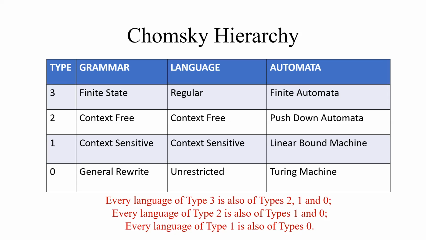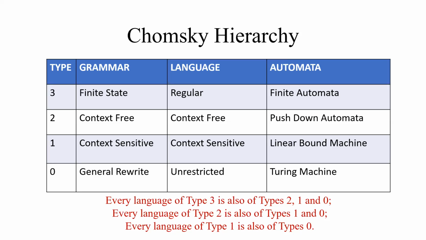Now, if I go through these 4 types, type 0, type 1, type 2, and type 3, I can say that type 3 is also included in 2, 1, and 0. Likewise, type 2 is included in 1 and 0. Type 1 is included in type 0.